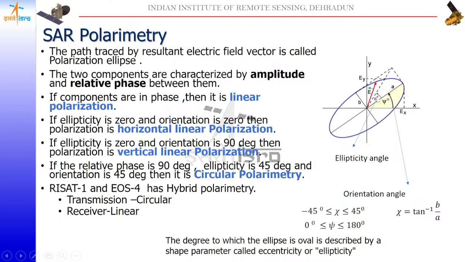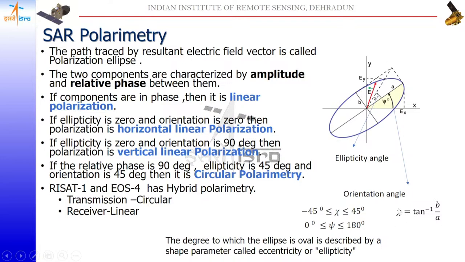Second is the ellipticity. Ellipticity is an angle which varies from minus 45 to 45 degrees, and it tells the degree to which the ellipse is oval, described by the shape parameter called the eccentricity.